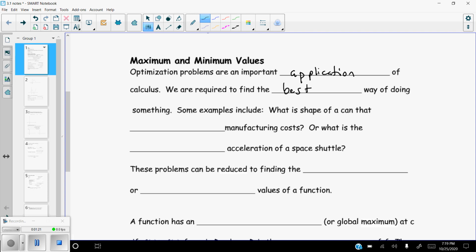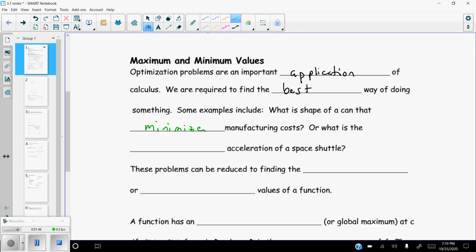Some examples might be, what is the shape of a can, like a soup can, that can minimize manufacturing costs? You can see how that might be something a company would be interested in. I want to minimize the cost of manufacturing, because then obviously you're going to be able to get more revenue, more profit if you minimize your cost.